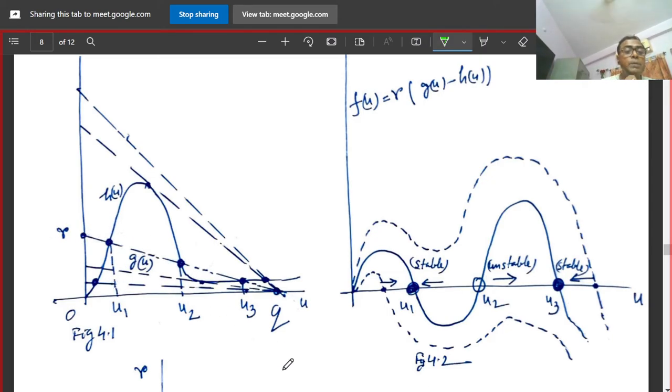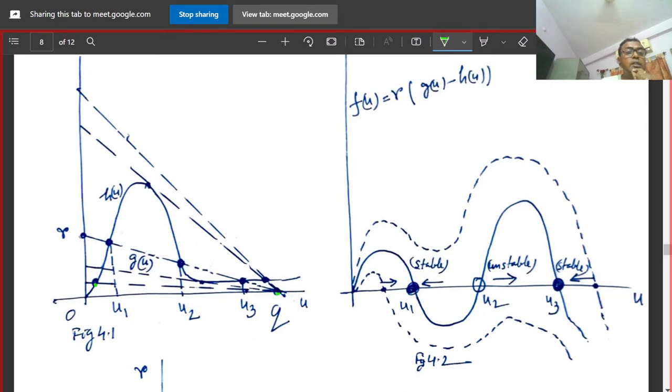Notice that this straight line intersects the curve h(u) at only one point. If the straight line moves away from the origin, here the point q is fixed. q is the carrying capacity, which is fixed.